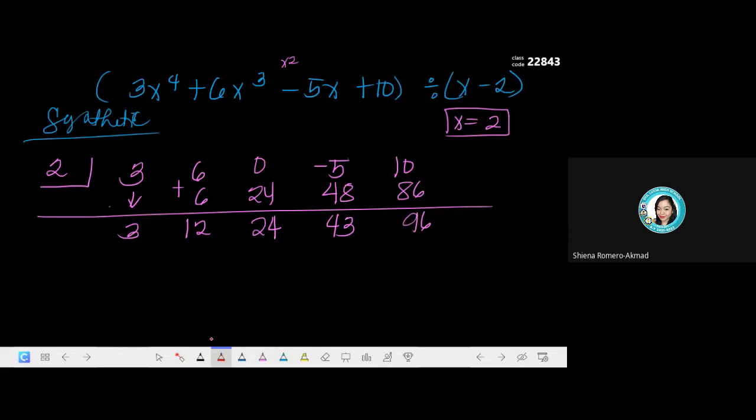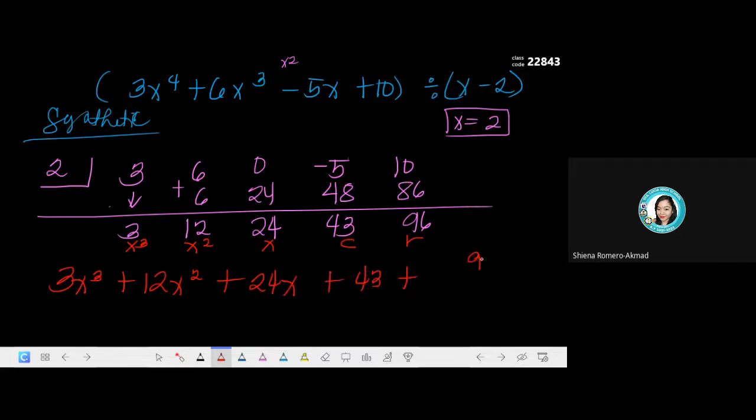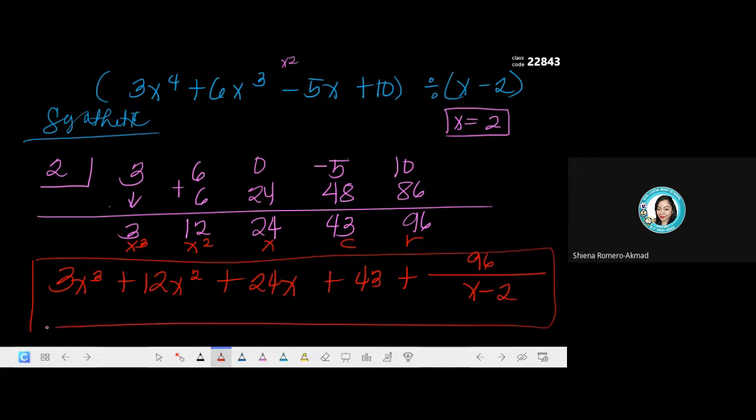So what will be our final answer? This is the remainder, constant, variable x squared, x cubed. So our answer is 3x cubed plus 12x squared plus 24x plus 43 plus 96 over x minus 2. So this will be our final answer.